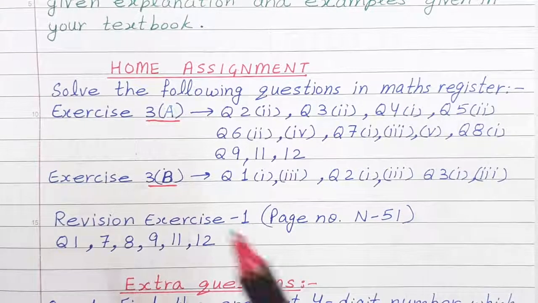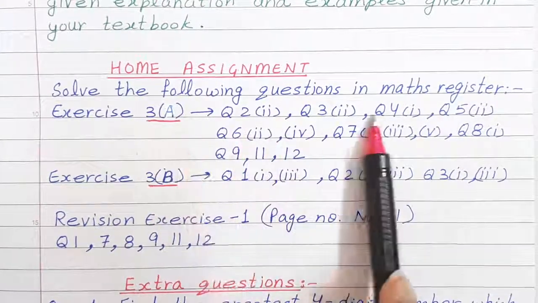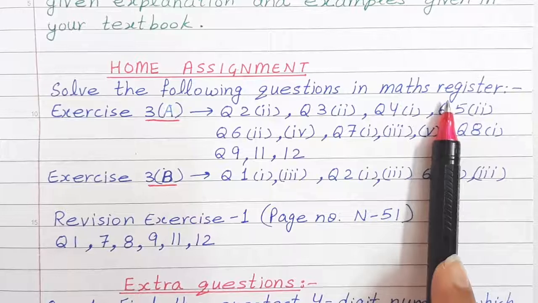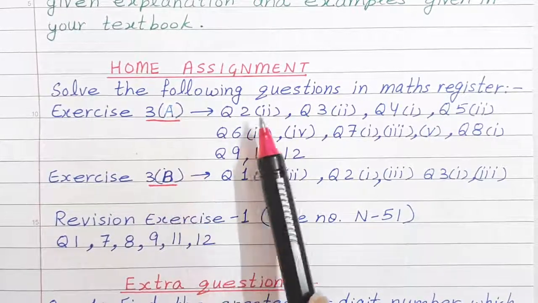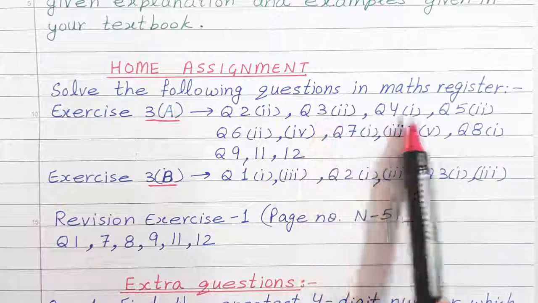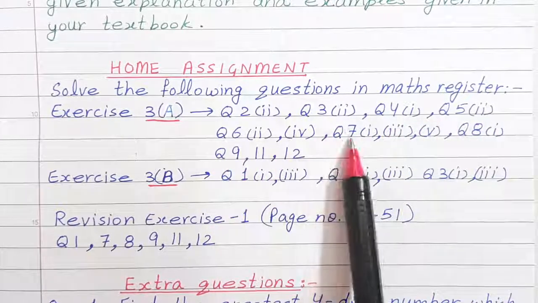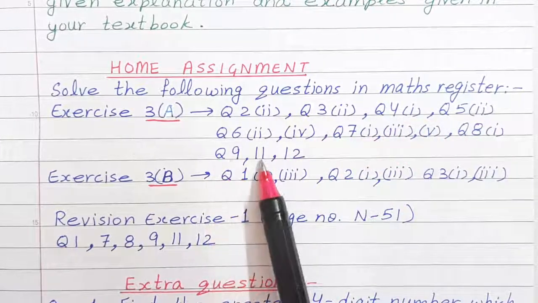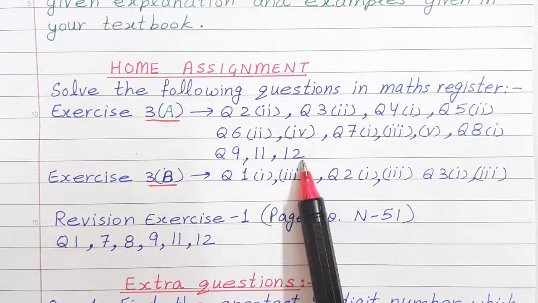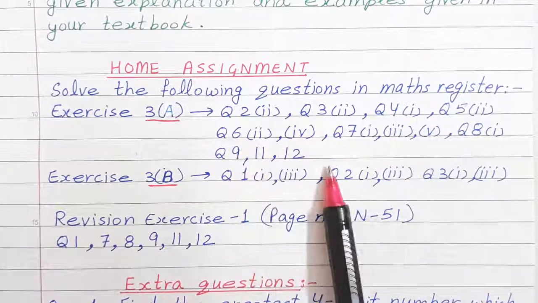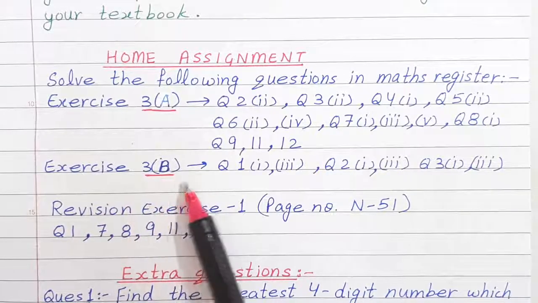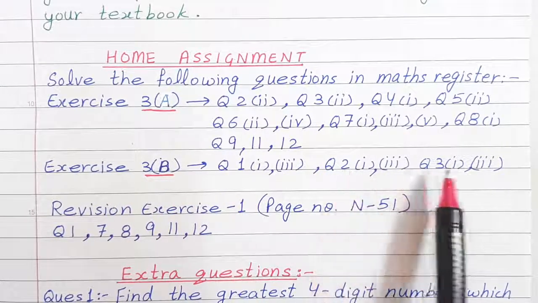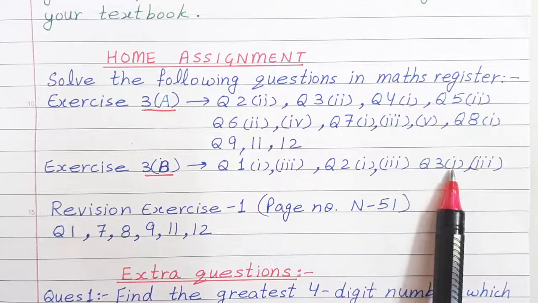Today's homework is solve the following questions in Maths Register. Questions from exercise 3A are question 2, 3, 4, 5, 6, 7, 8, 9, 11 and 12. Children, do the given parts in your register. Then from exercise 3B, question number 1, 2 and 3. Right?